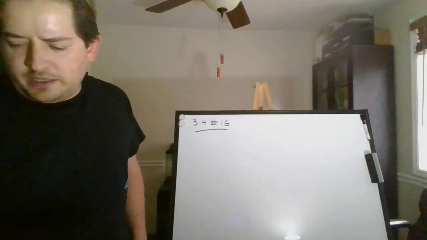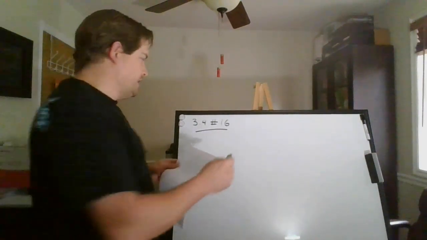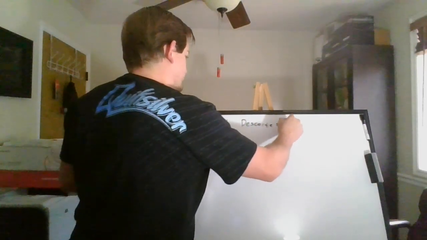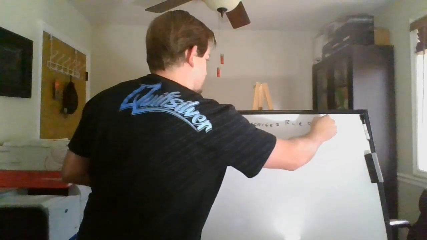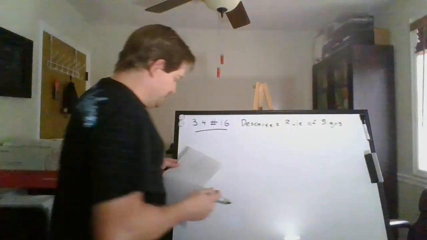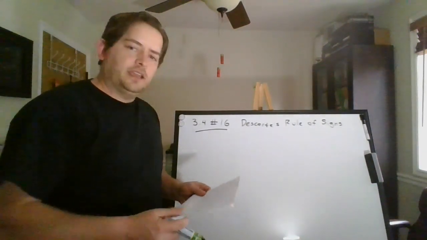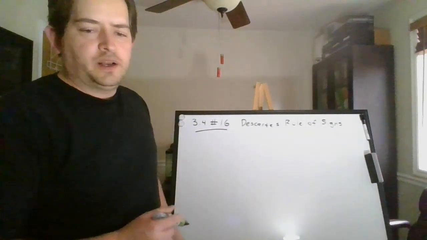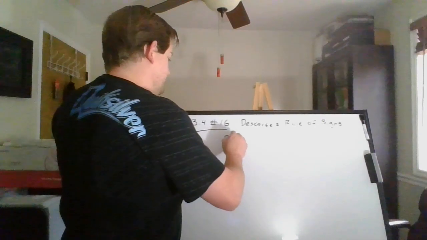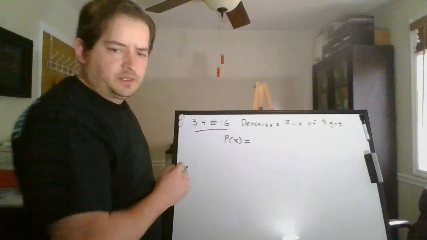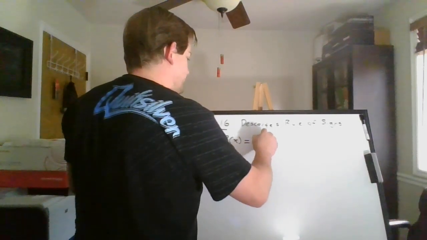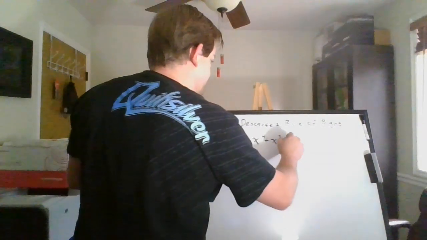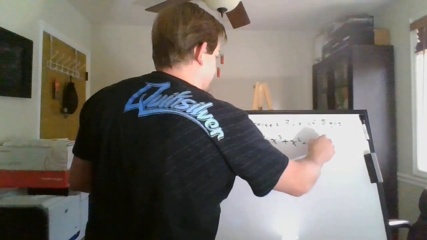And the question was, use Descartes' rule of signs to determine how many negative zeros and how many positive zeros and how many total zeros are possible in the function p of x equals x to the fourth plus x to the third plus x squared plus x plus 7.